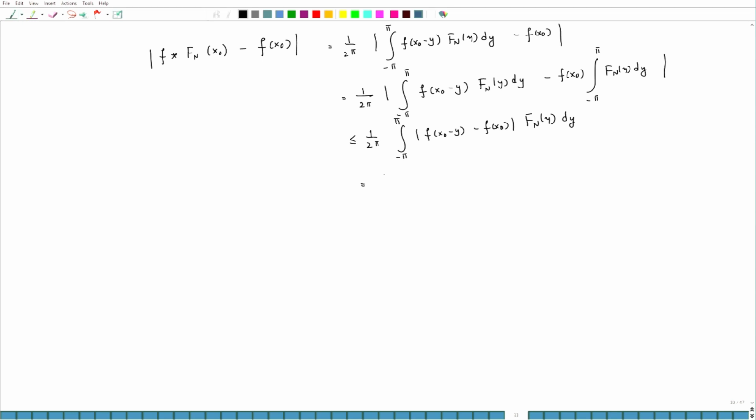Now, what we do is break the integral into a small y near the origin part and a 1 by 2 pi integral away from the origin, of mod of f of x naught minus y minus f of x naught times f n of y.